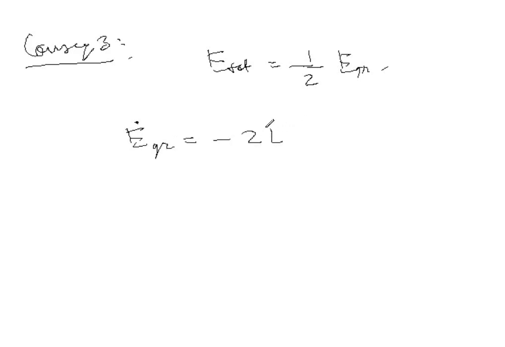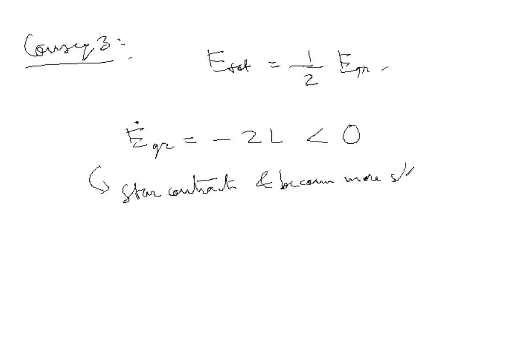I am just taking the time derivative and noting that L is equal to minus dE total by dt. So what does this mean? This means the star contracts and becomes more strongly bound.